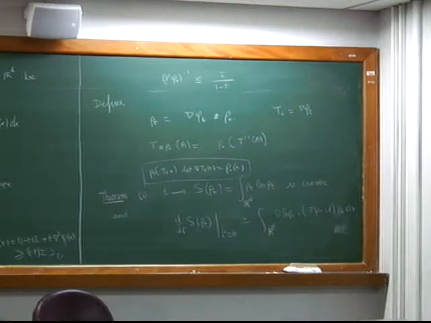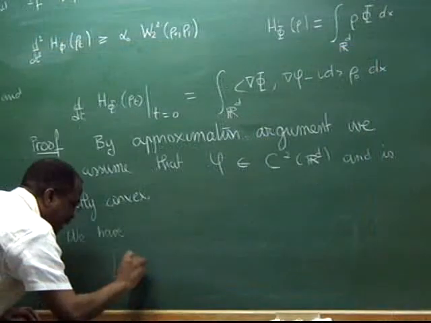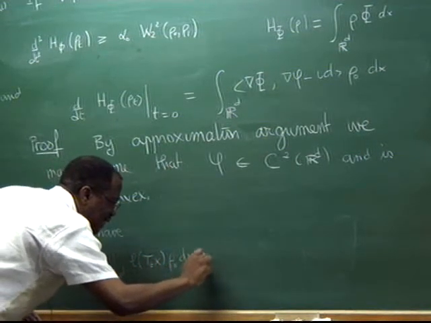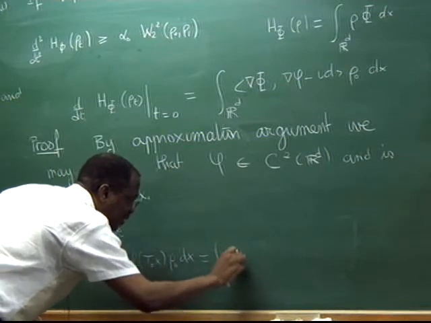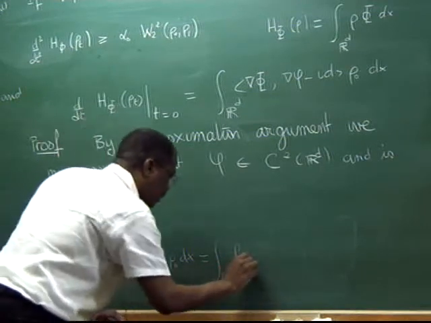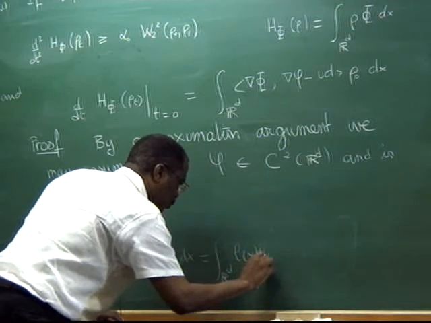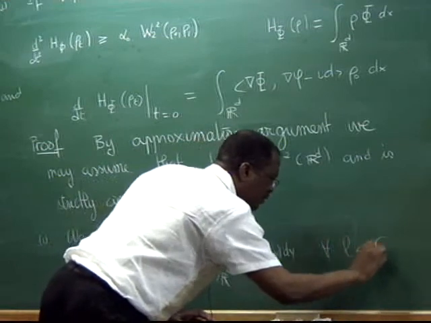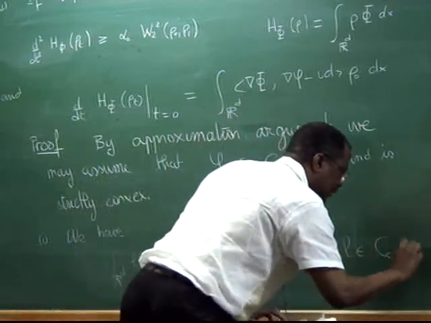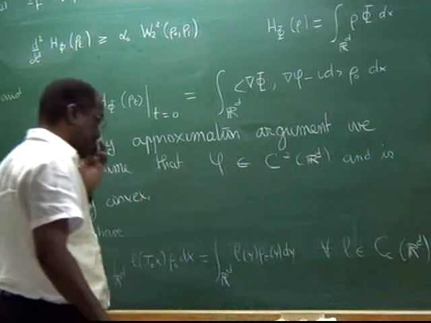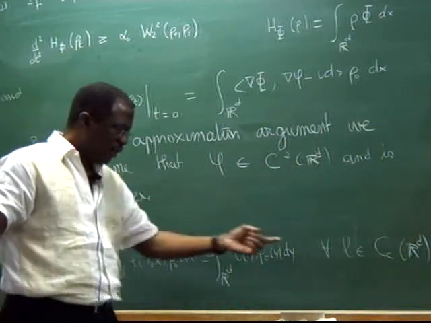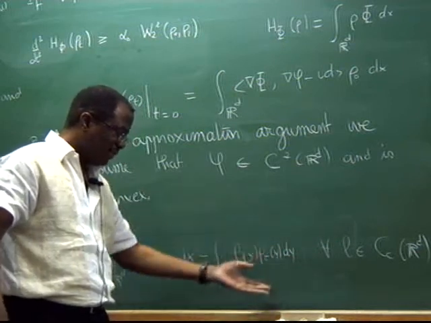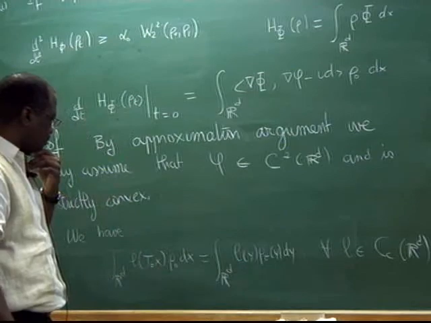So we have the integral over Rd of L of T_t of x, rho naught dx, is the integral over Rd of L of y, rho t of y dy, for every L which is continuous of compact support in Rd. And in fact, we don't need L to be of compact support. We can take any L such that this quantity is finite.